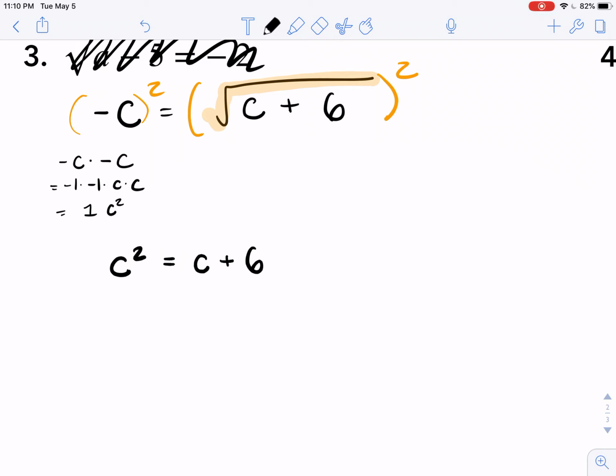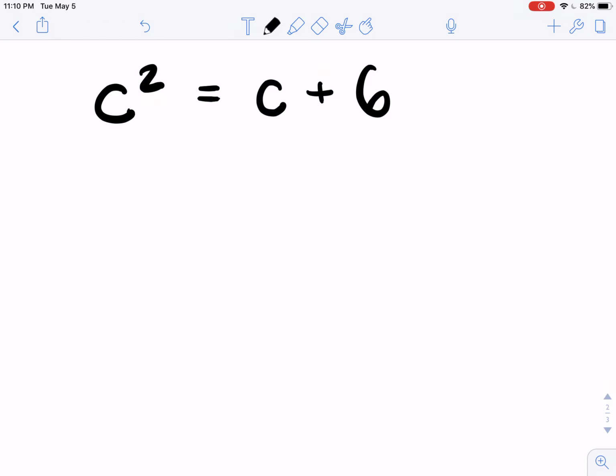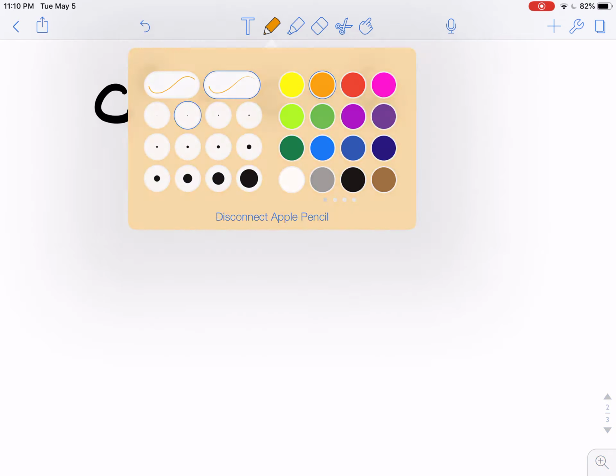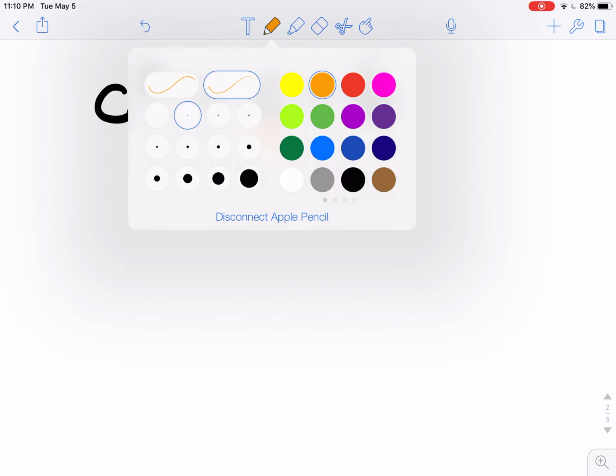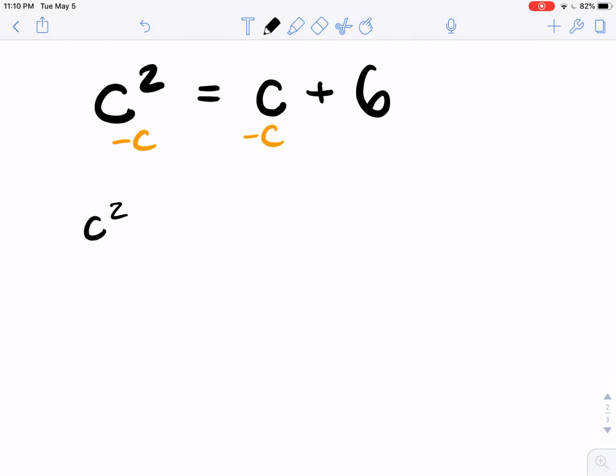Okay, cool. Now let's get everything on the same side. So we're going to subtract c from both sides. Oh, both sides, please. Thank you. Giving us c squared minus c equals, oh, those cancel out, 6. Fun.